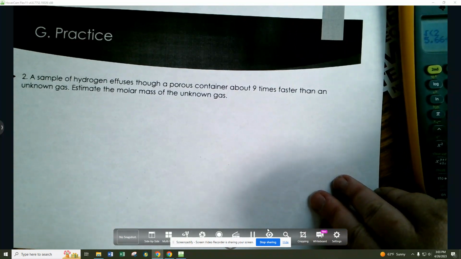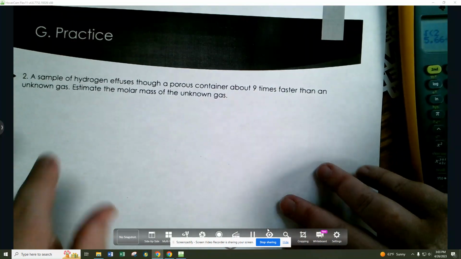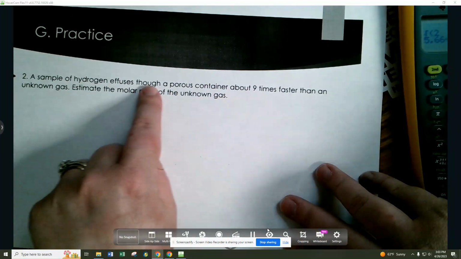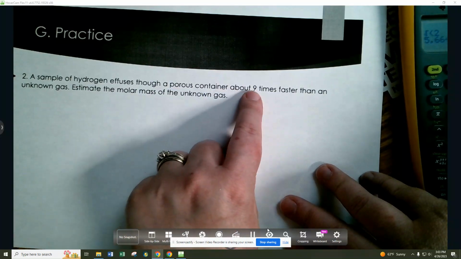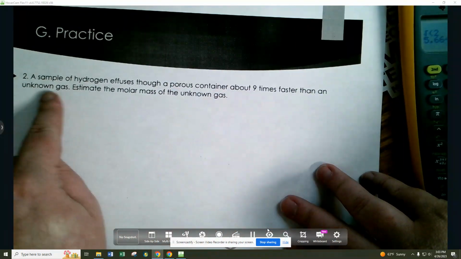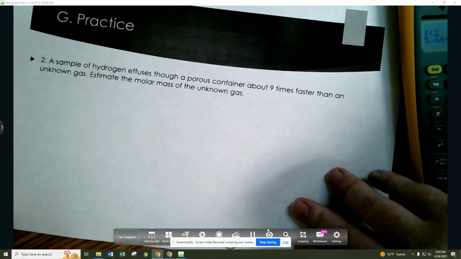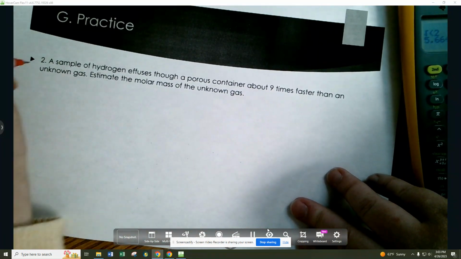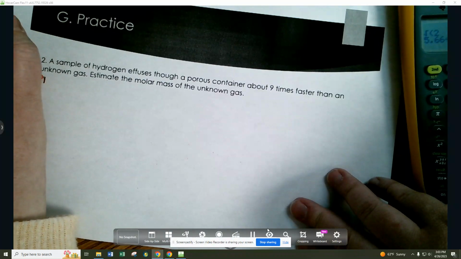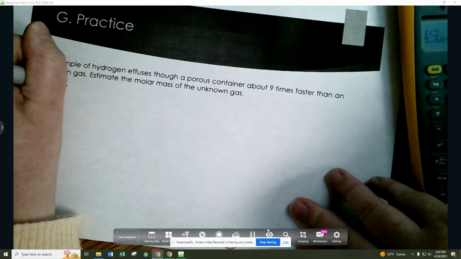So this next one is a little bit different in setup. It says a sample of hydrogen effuses through a porous container about 9 times faster than an unknown gas. Estimate the molar mass of the unknown gas. Well, we know one of the substances is hydrogen. Therefore, we know the molar mass of hydrogen is 2.